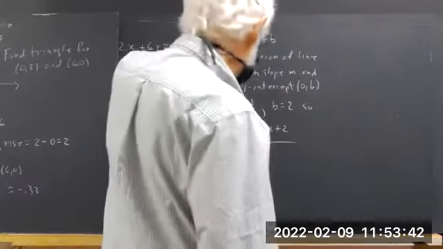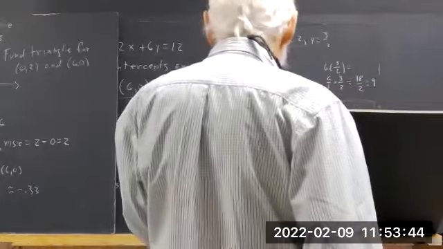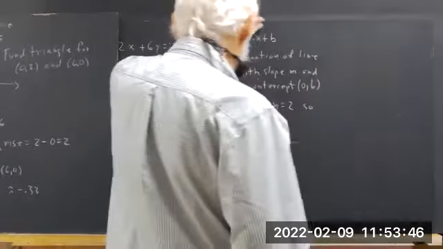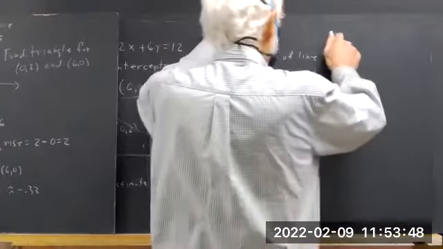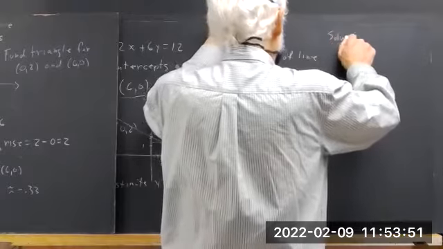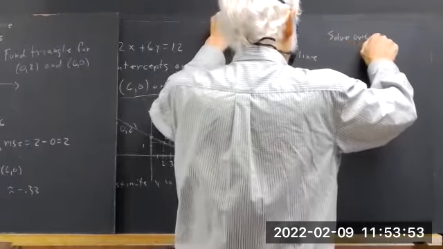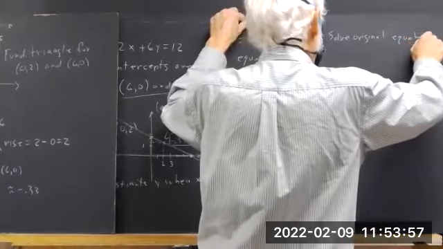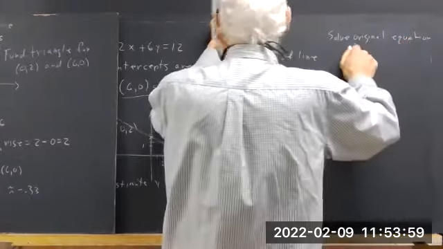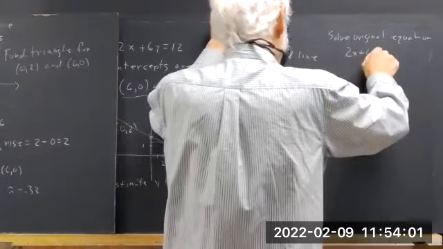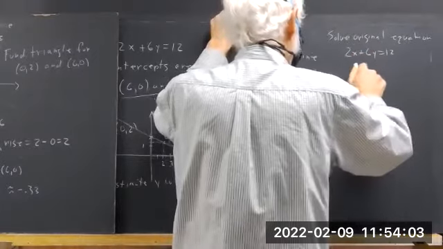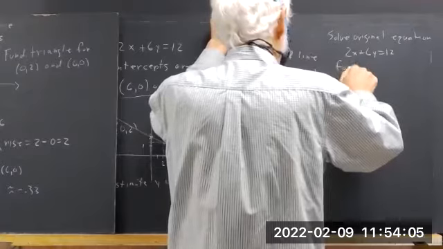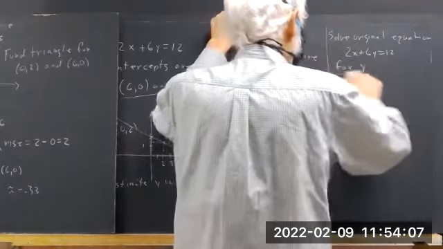Now, I don't think I've done it. Solve the original equation, which is 2x plus 6y equals 12, for y.